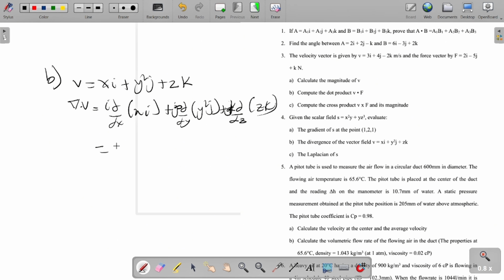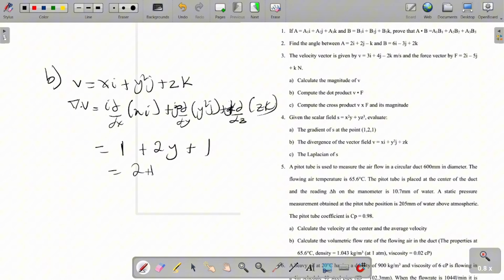Differentiating with respect to x gives me 1, and i dot i is 1, so 1, then plus here I'll have 2y, then with respect to z I'll have 1, right?